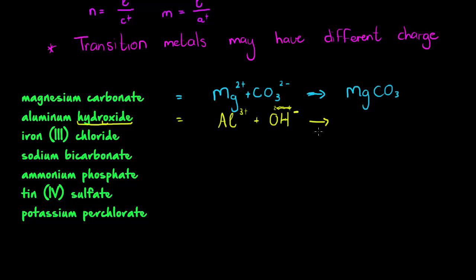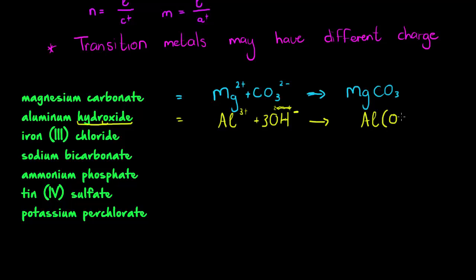So here we can see we've got an aluminium with a 3 positive charge. We've got a hydroxide with a 1 negative charge. So we need 3 of these to satisfy our condition. So we have aluminium, and we only need 1 of them, so there's no subscript necessary.